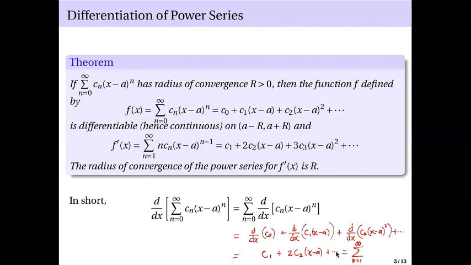For the third part, you get 3c3 (x minus a) raised to 2. So the general term is n c sub n times (x minus a) raised to n minus 1.